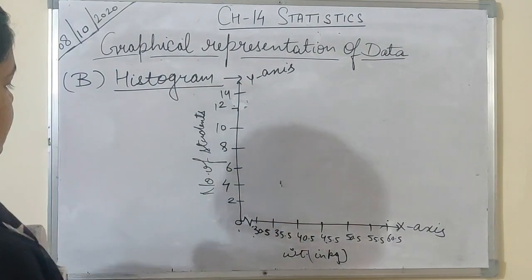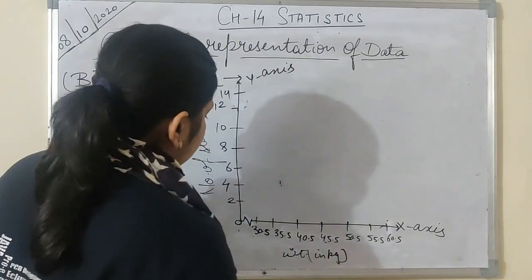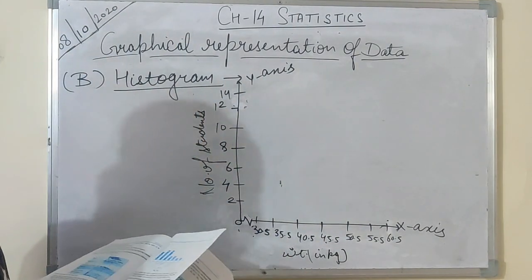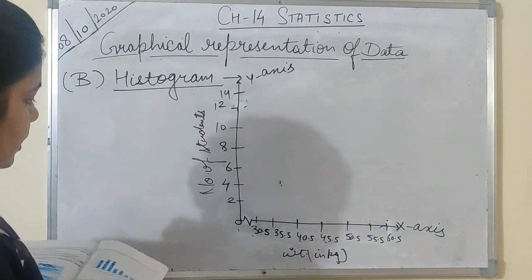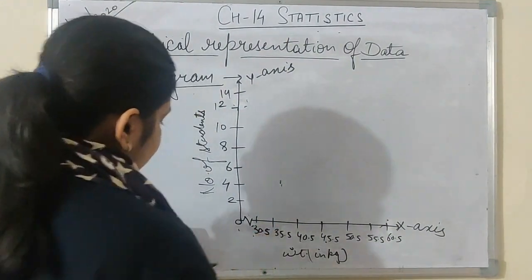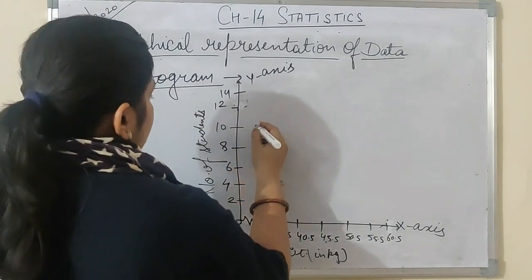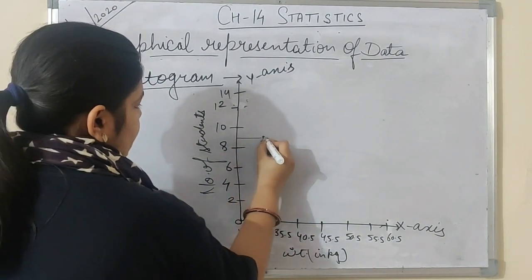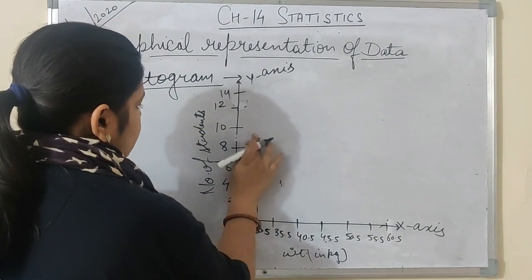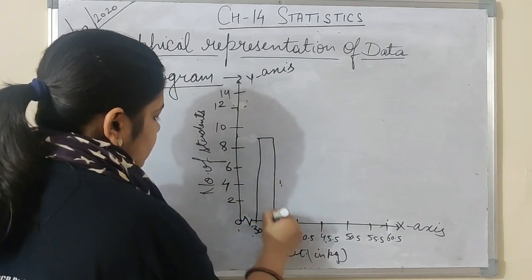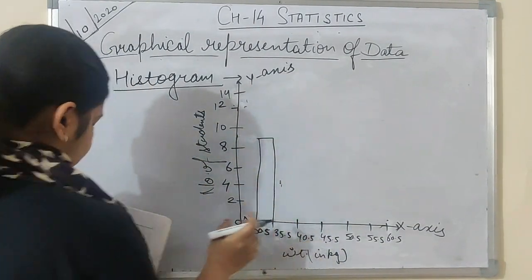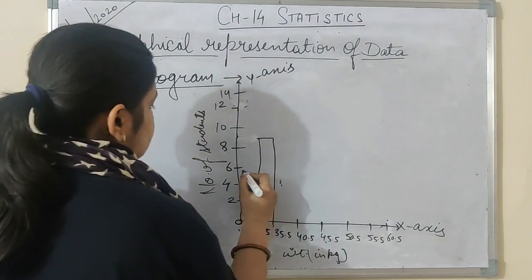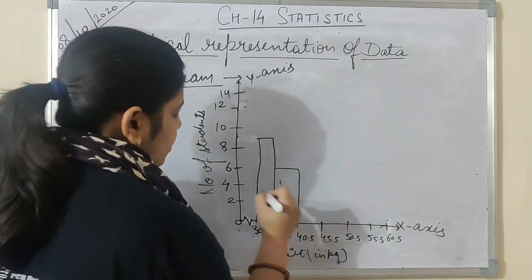Now it is very easy to draw the graph for this. Observe the given table, and then you will be able to draw the graph. For 30.5 to 35.5, the number of students is 9, and 9 comes over here. So you will draw it like this. Then for 35.5 to 40.5, the number of students is 6, so here you will draw.